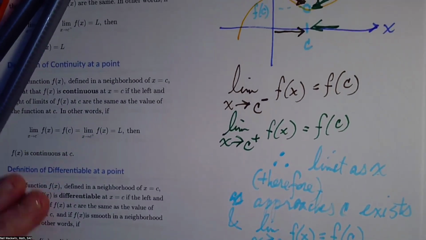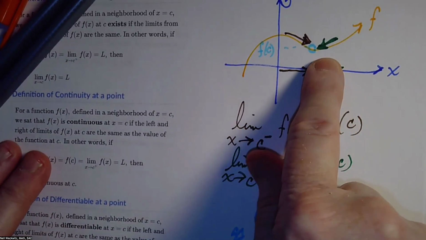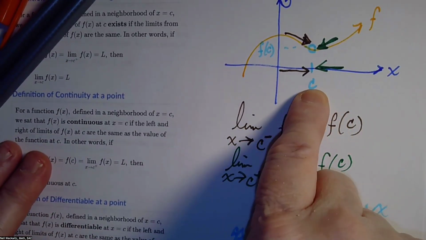So here the limit exists even though there's a hole in the function f at c.